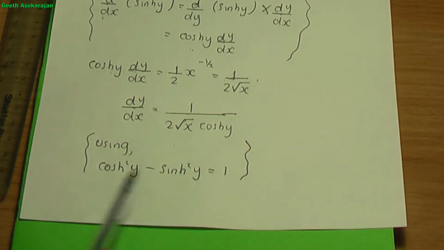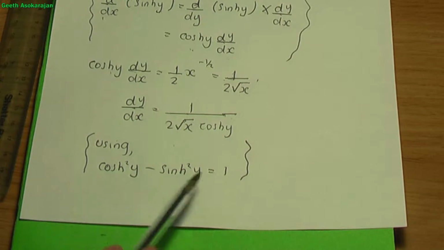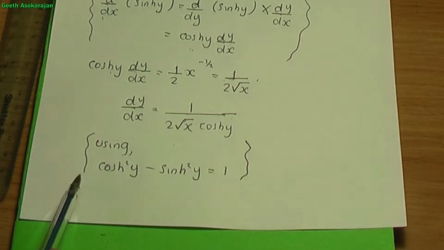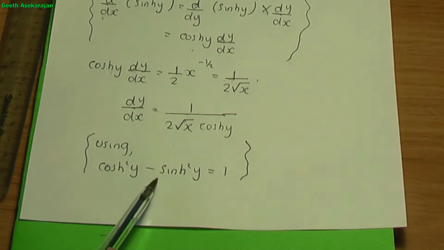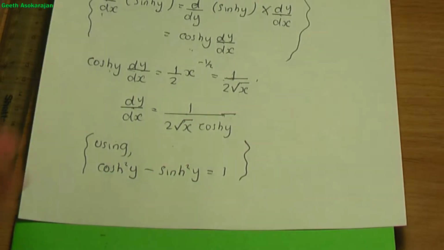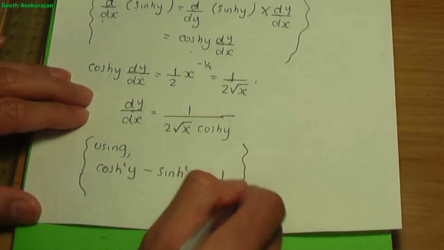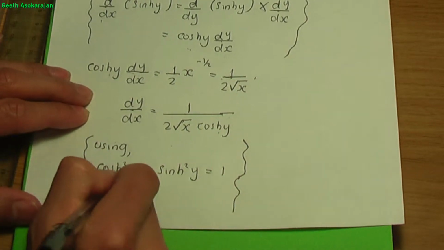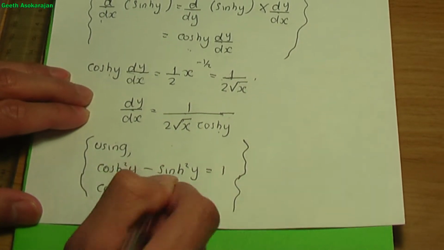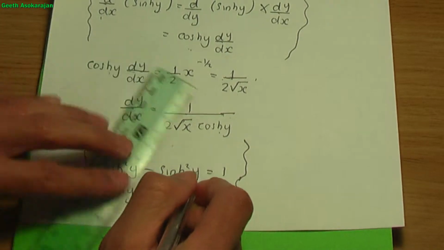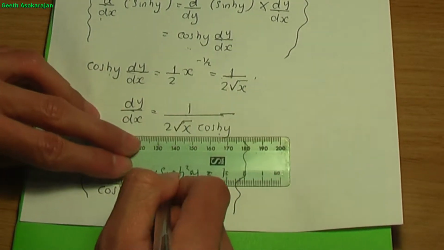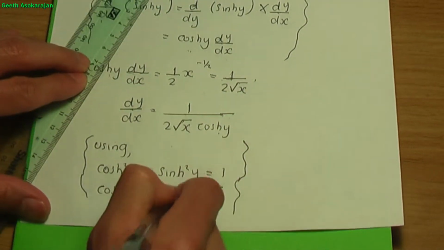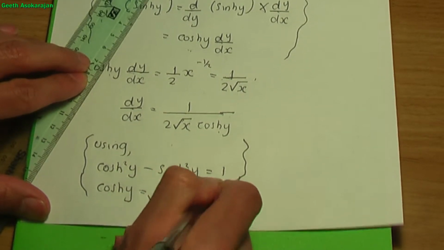This is the result of the trigonometric Pythagorean identity as well as Osborn's rule. If you're unaware of Osborn's rule, I'll provide a link to a video that I've created explaining Osborn's rule in the description below. Now if I rearrange this identity for hyperbolic cos y, then hyperbolic cos y will be the square root of 1 plus hyperbolic sine squared y.